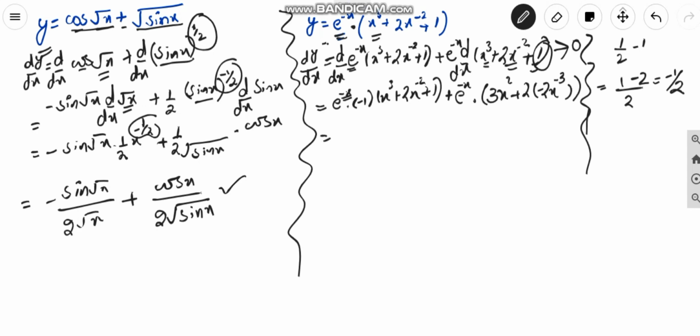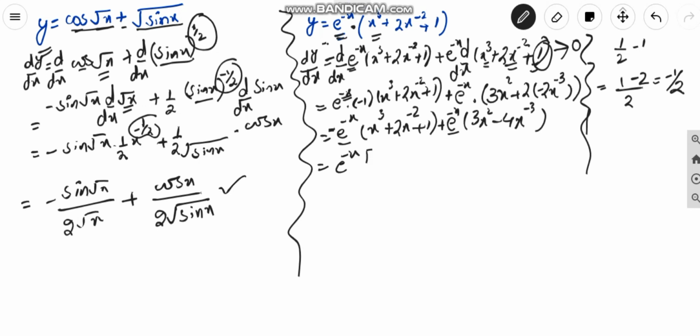So next, e power minus x, and I will put this minus on start, x cube plus 2x power minus 2 plus 1, plus e power minus x, and here it becomes 3x square minus 4x power minus 3. Now you can see e power minus x is common in these two terms, so just take it common from these two terms.